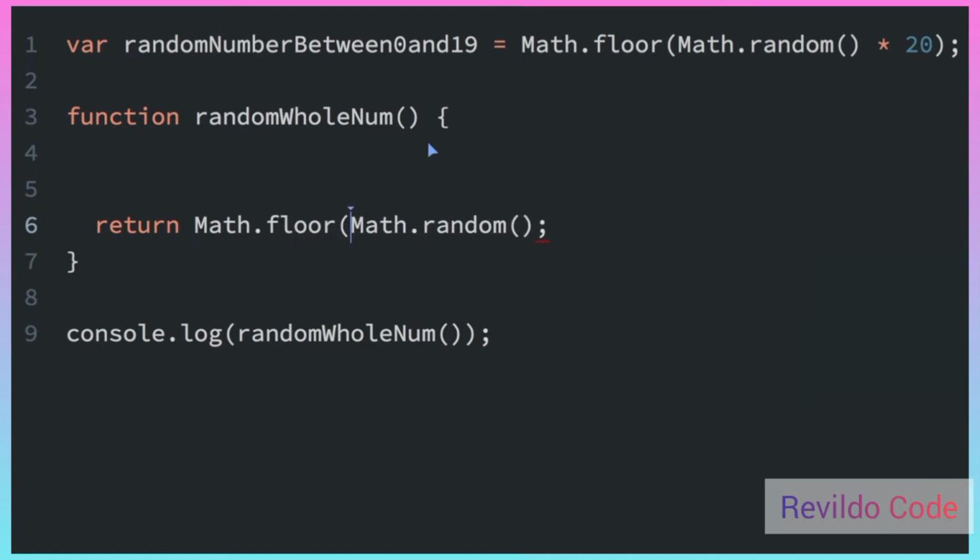So I'll have to put the parentheses because we're passing it in to that function. And it's Math.random times 10, and that's going to give us a random number between 0 and 9. So if I reload this, you can see 9, 5, 4, 1. Every time I load it, it's a different random number.